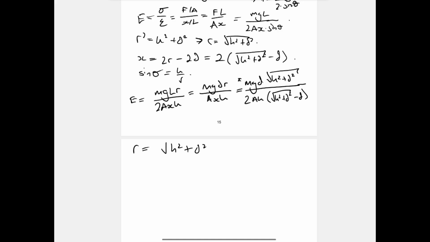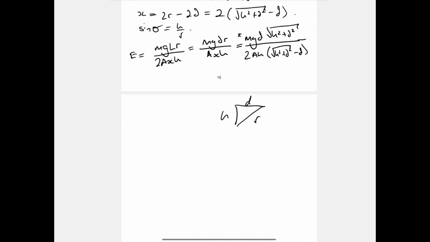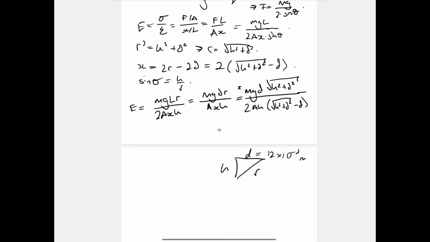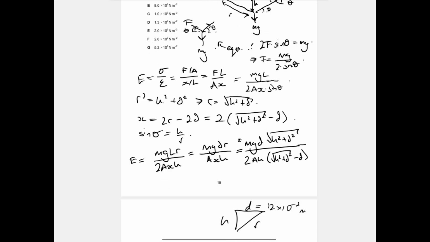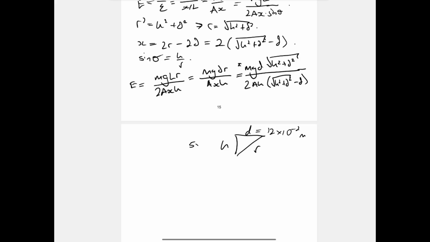If we draw out that triangle, R, H, and D, where D is 0.12 meters, which is 12 times 10 to the minus 2 meters, and H is 5 times 10 to the minus 2 meters.